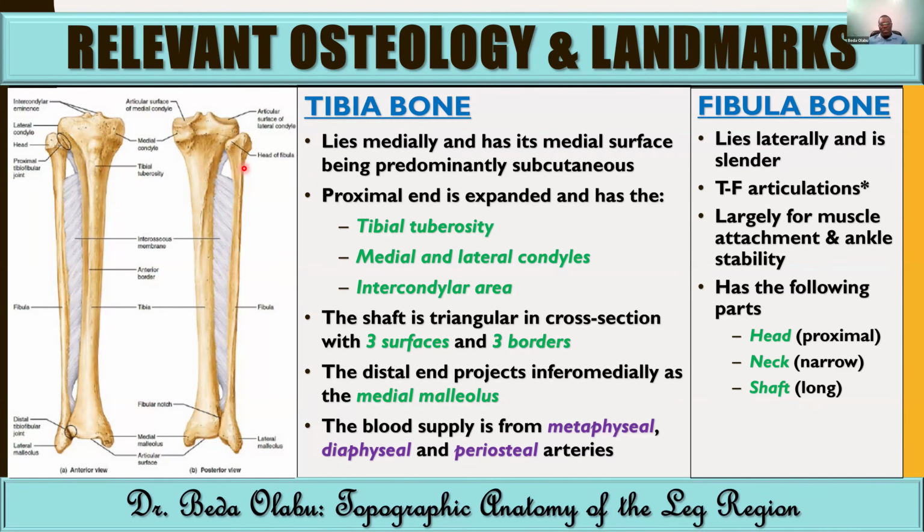We have the shaft of fibula, which is very long with several morphological variants. The shaft may not be very standard in terms of its description, but it has borders as well and surfaces. Importantly, on the lower part of fibula is this projection inferiorly that we call the lateral malleolus.